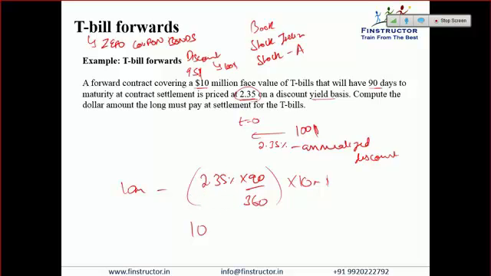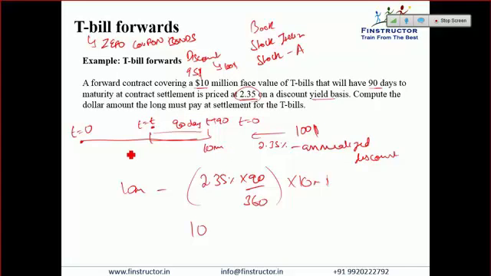So once again, we'll understand, at t equal to 0 we are entering into the contract to mature at t equal to T. At what time does it mature? It is not given. However, at maturity, whenever this may be, this bill will have another 90 days remaining to maturity. That is, in another 90 days from the settlement of our contract, this treasury bill will give us $10 million.